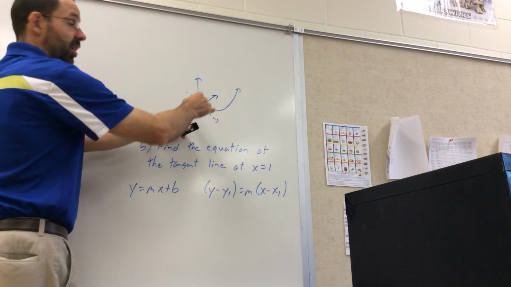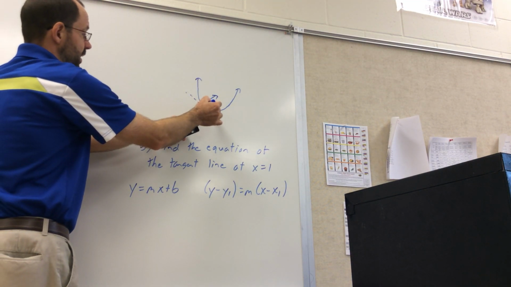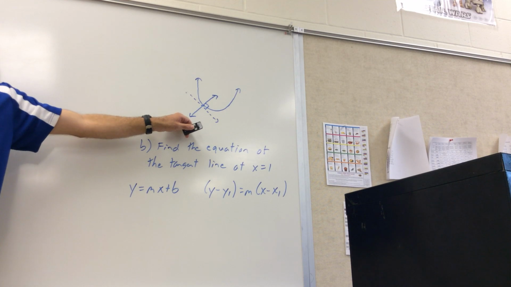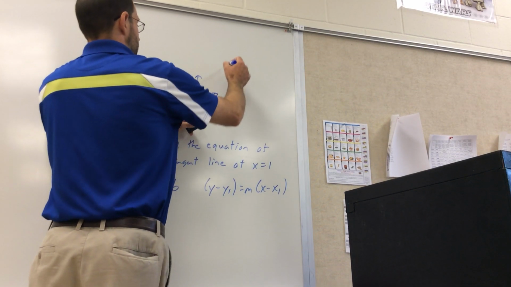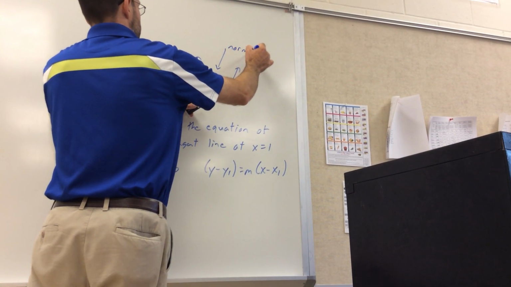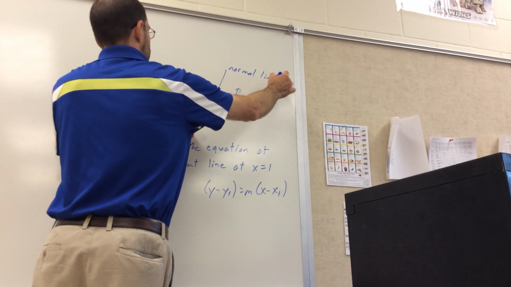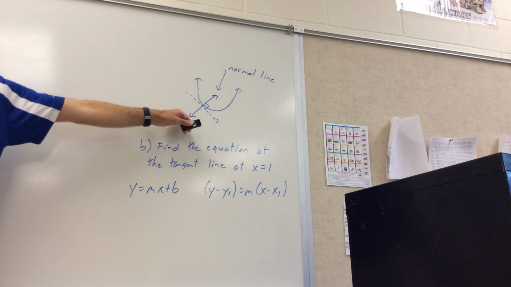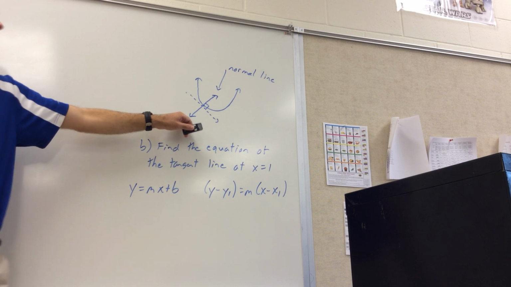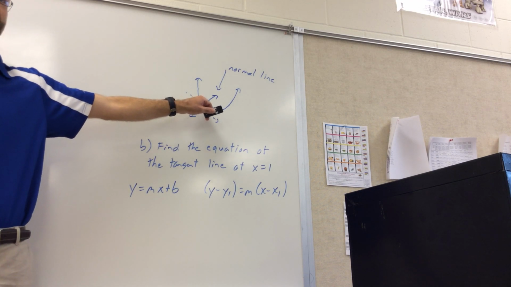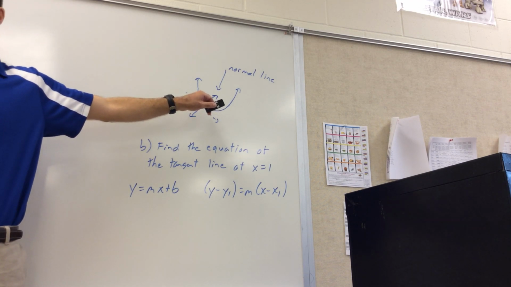So this line that I'm drawing here makes a 90-degree angle with the tangent line, and that's called the normal line. So the normal line is a line that is perpendicular to the tangent line at the point of tangency. In other words, at that same point.